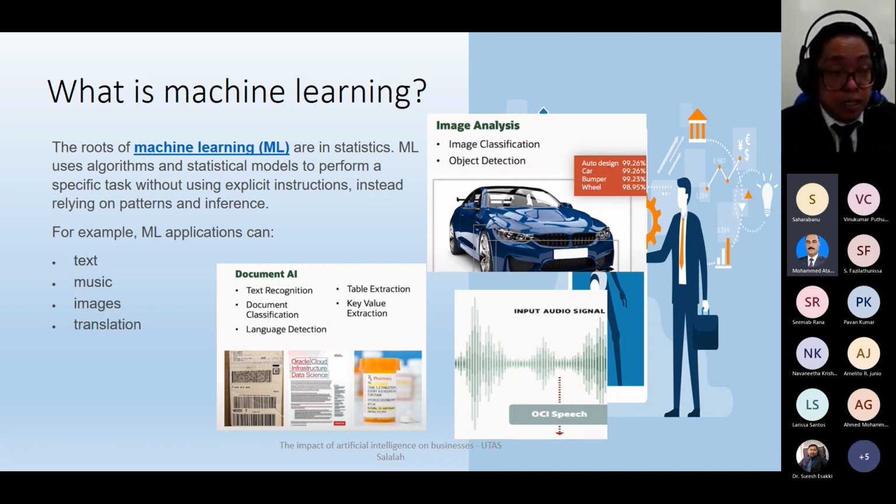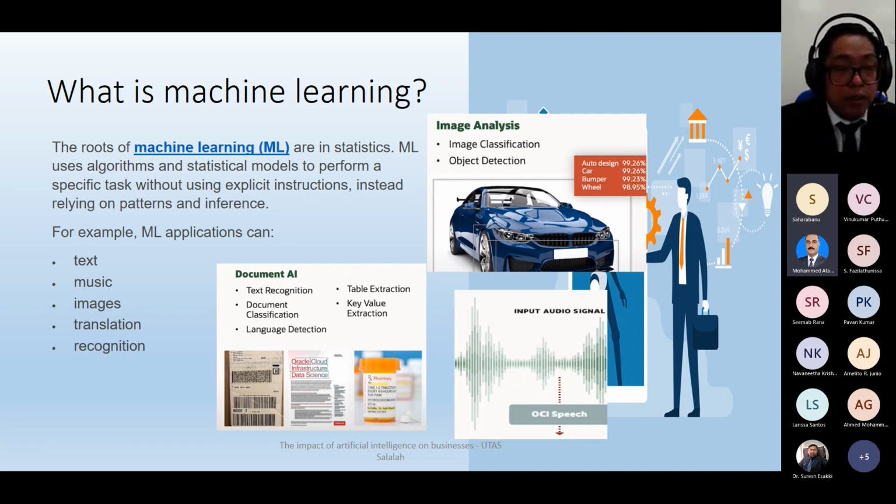We can also apply it in translation, where we could translate a large volume of text in real time, which is probably one of the examples of search engines, and recognition as well, such as face recognition, biometrics, retina scanning, speech, and objects. So it's like a biometric system. All of these are part of ML applications.